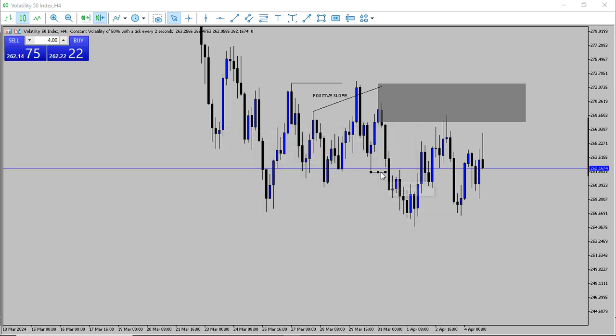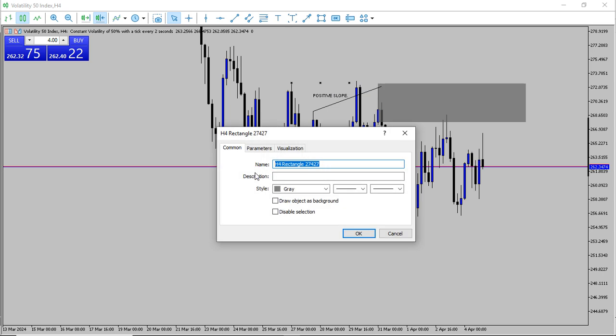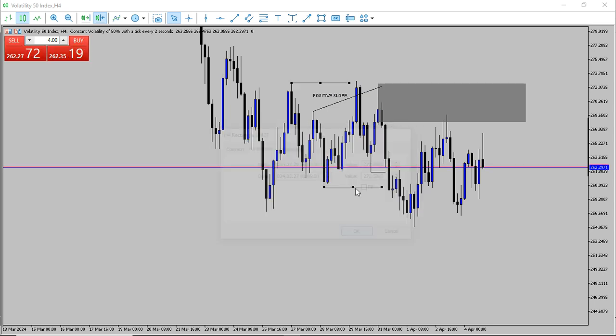So we have the change of character, and then also we have a break of market structure. Two structural breaks is a sweet setup, and all of these are the confirmations that we have currently right now. So price tapped into the supply zone and starts selling lower.